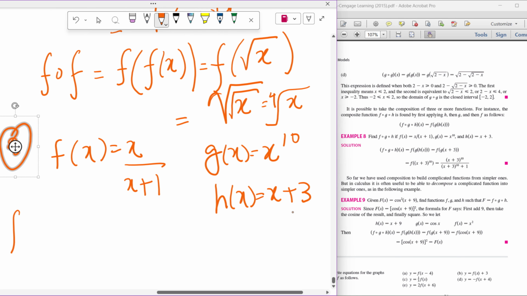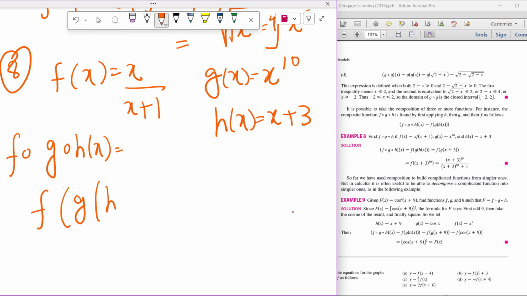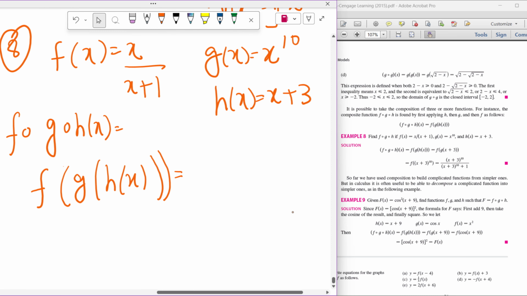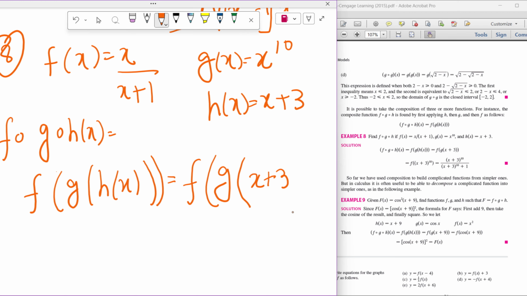Let's say I have to calculate f of g of h of x. So first write f as it is, g as it is, and just put x. h of x is equal to x plus 3.